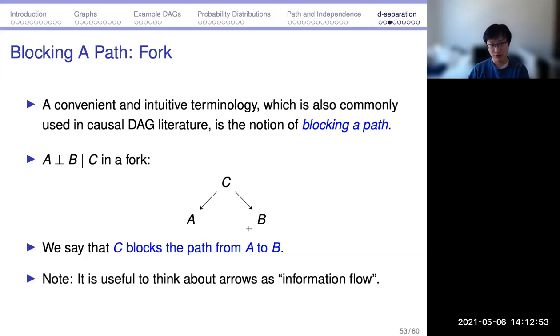Again, in this fork structure, because we have this conditional independence, people say that C blocks the path from A to B. If you think about arrows as information flow, then it's very intuitive, right? This variable blocks the information flow between A and B.